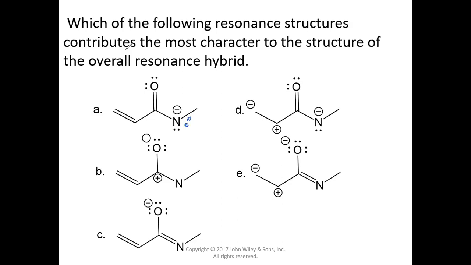Now, I'm not saying whether your answer was right or wrong before, but that nitrogen, again, has 2 lone pairs. And I'm going to put a second lone pair here, because there needs to be one like this. In order for nitrogen to have a negative charge, it needs to have 2 lone pairs. So that is going to be that. So which one of these appears to be correct? Which one of these is going to be the best contributor to the overall resonance?